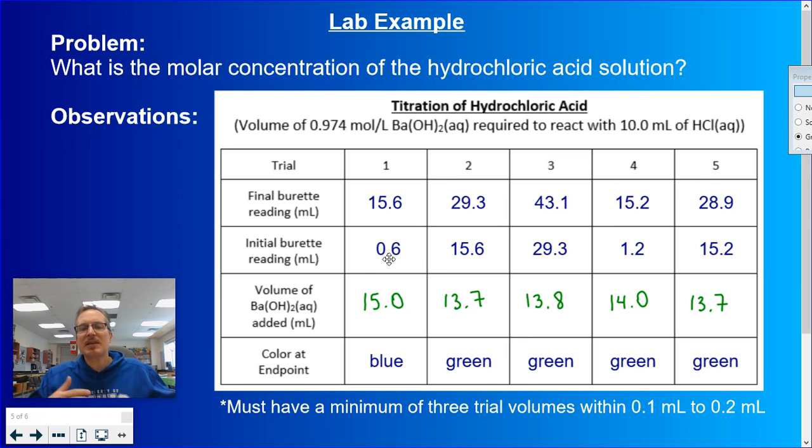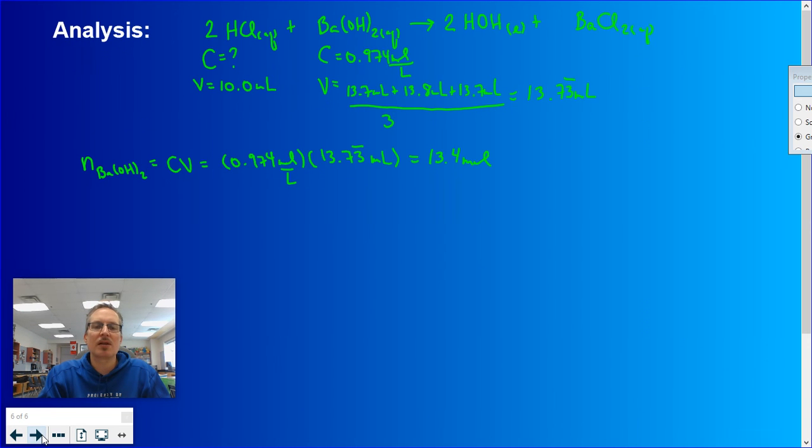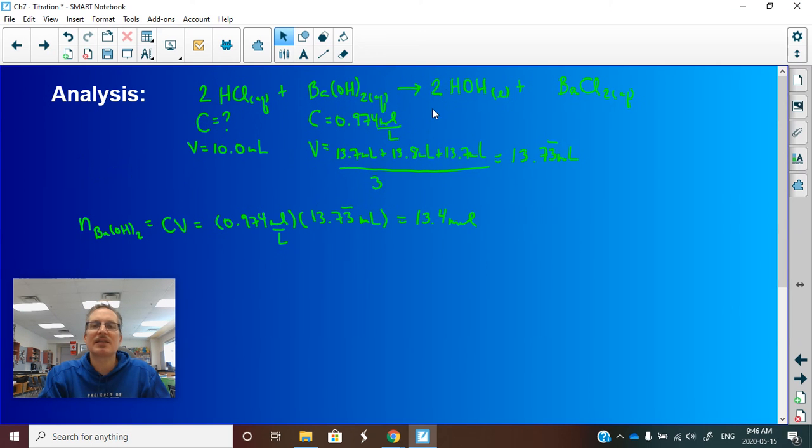It should not be dependent on where you started your burette reading. Therefore, we don't look at initial or final burette readings. We look at the change in value, along with the quantity we pipetted and the concentrations they gave me in the question. Since I have 3 sig figs, 3 sig figs, and 3 sig figs, we are going to record all of our answers in 3 significant digits.